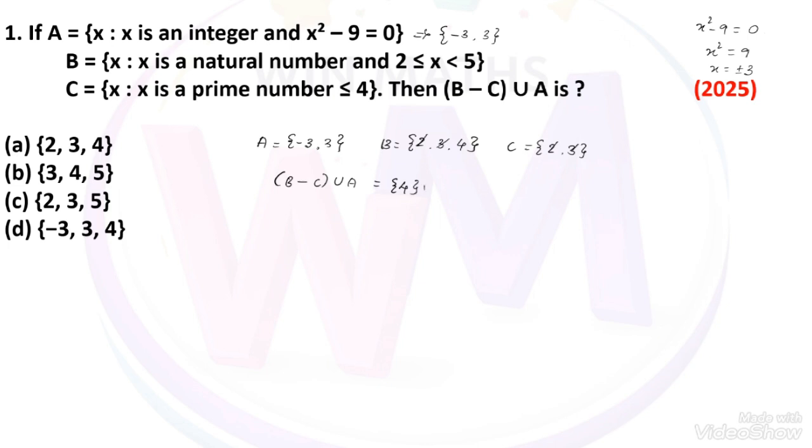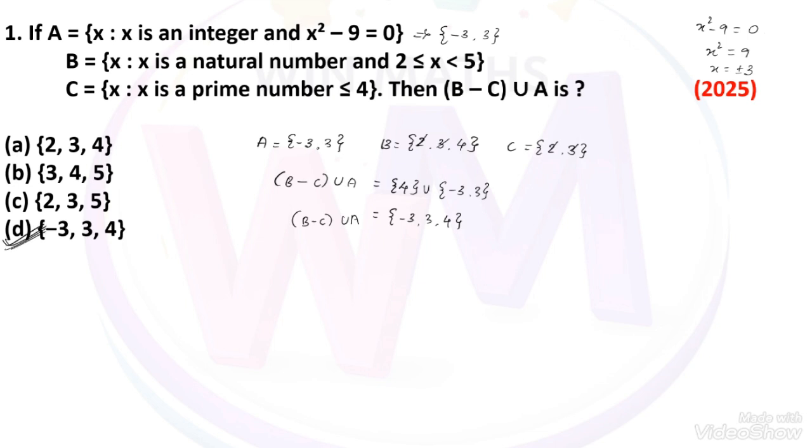Then there is a union with A, which is minus 3, 3. Union means the set of all the elements present in both sets. If any element is repeated, we write it once. So arrange the numbers in ascending order: minus 3, 3, 4. So (B minus C) union A is equal to minus 3, 3, 4. Option D is the right answer.